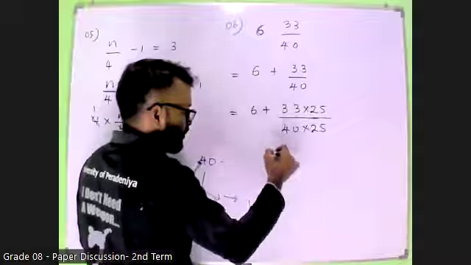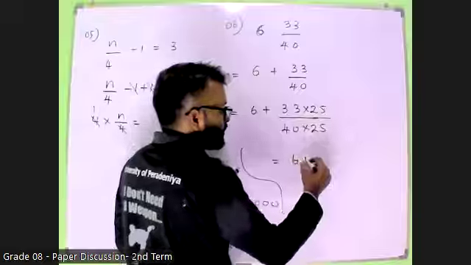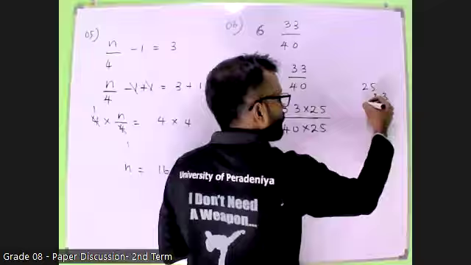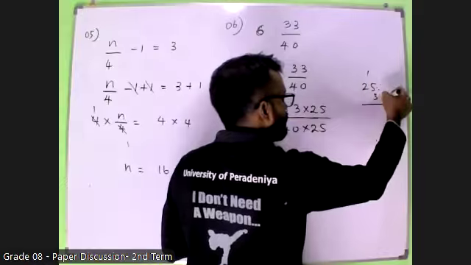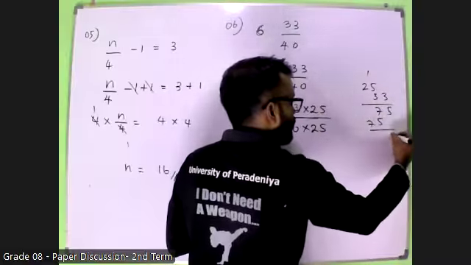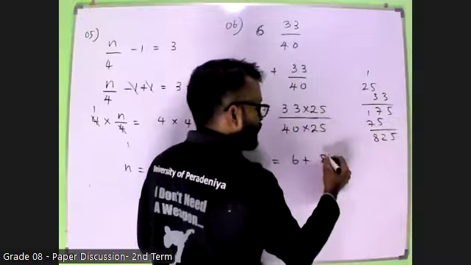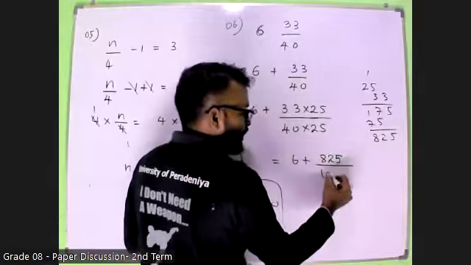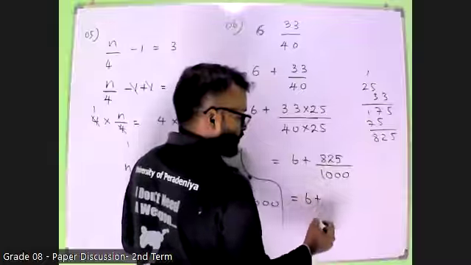I will put my equal sign here, because I have written down 6 plus 33 times 25. 3 times 5, 15, 3 times 2, 6, 7, then 75. 5, 2, 1, 825. In the numerator, 825. In the denominator, 1000.